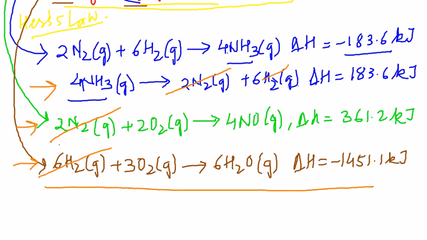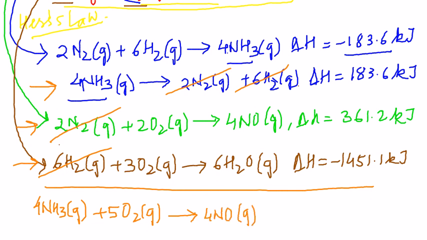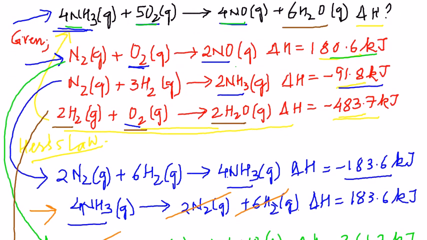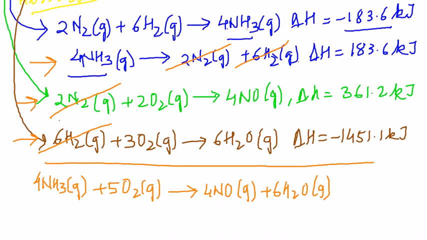So what we're left with is 4 NH3 plus 5 O2 gives you 4 NO plus 6 H2O. Hold on, wait a minute. Is that the same one? 4 NH3 plus 5 O2, 4 NO plus 6 H2O? Yep, it is. So that's pretty cool, right?